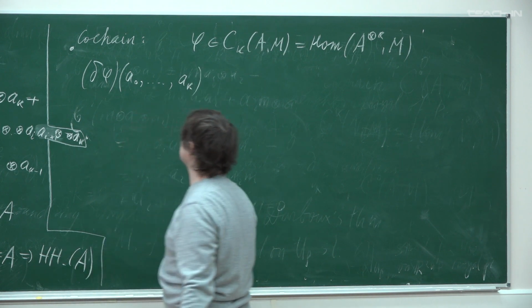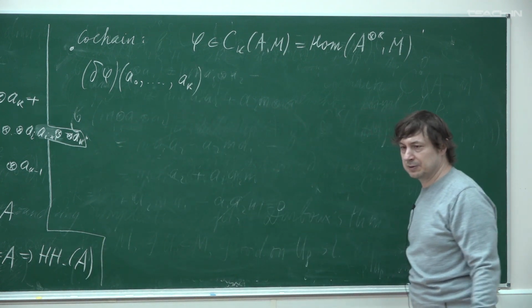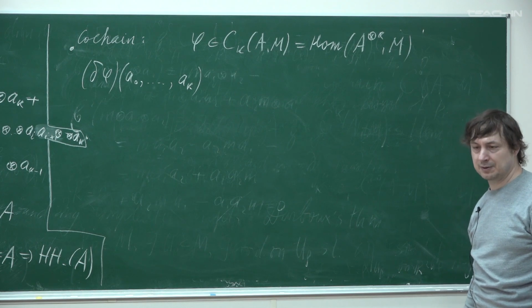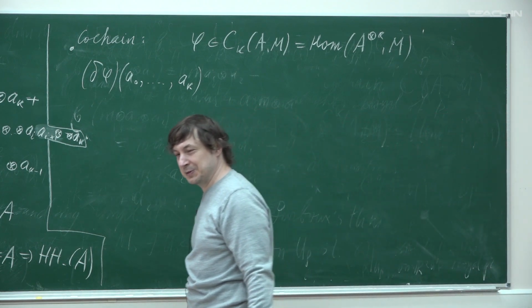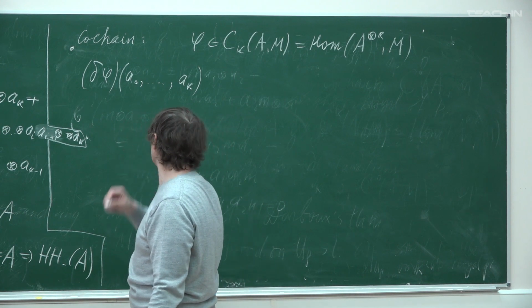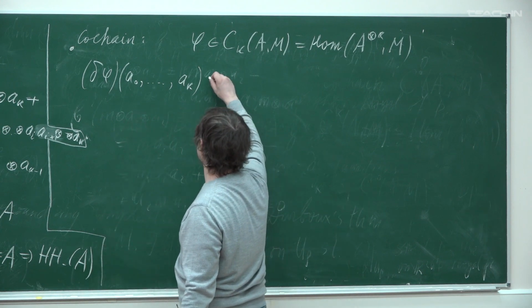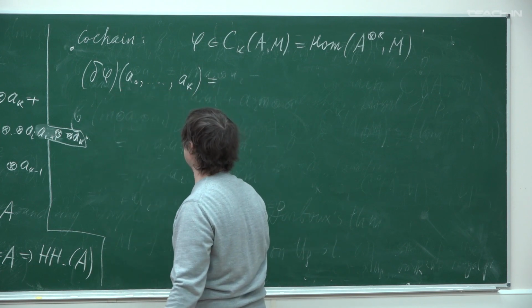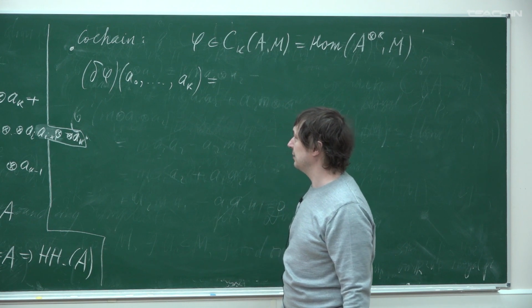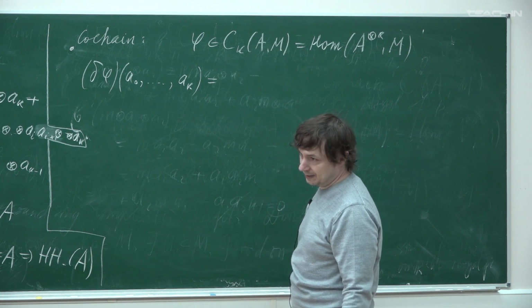In most books, in most formulas, people do the same thing. People use commas because they are much shorter and much smaller than the tensor sign. So you see here we have k plus 1 arguments, which we plug into delta of phi.